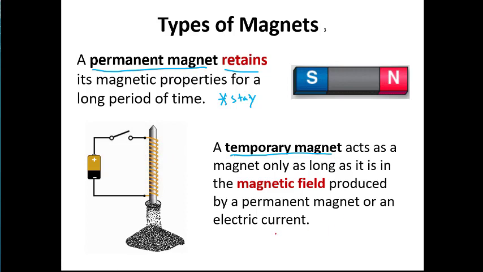Later on, we'll talk about solenoids and relays. These are devices that have magnetic materials, but when we take the current away, they become demagnetized. They do not retain their magnetism. These would be what we would call a temporary magnet.